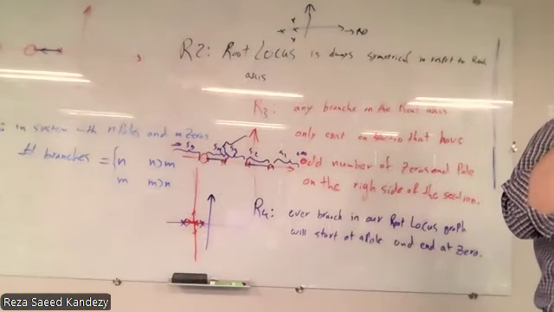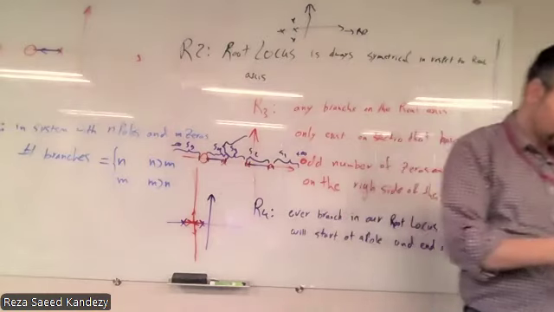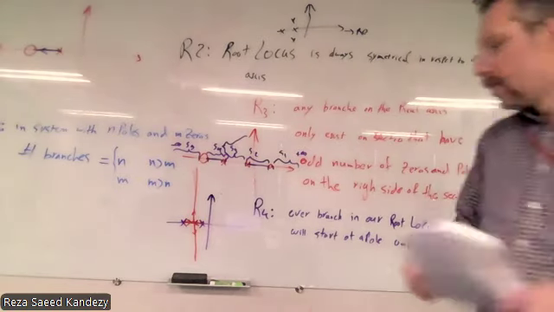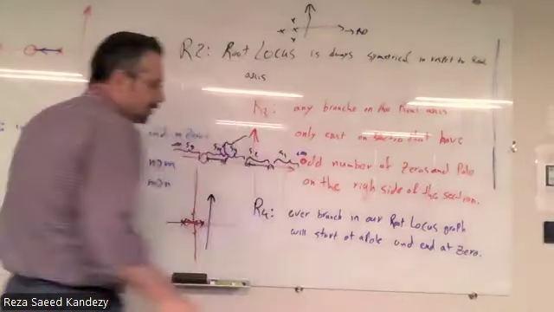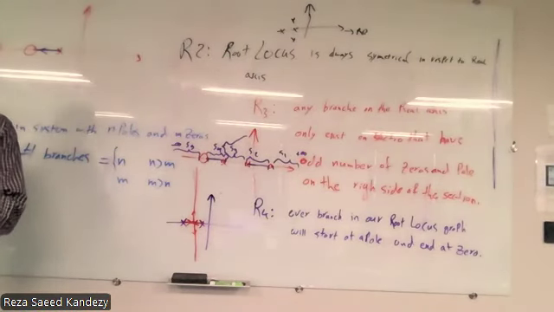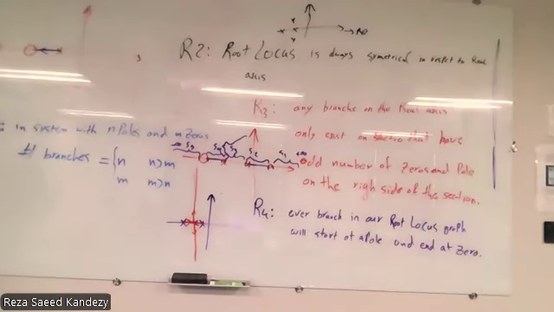Is that clear? Any question about these 4 rules? The rule 4 says every branch that you have should start at a pole and end up at a zero.